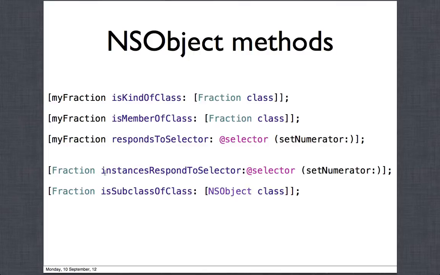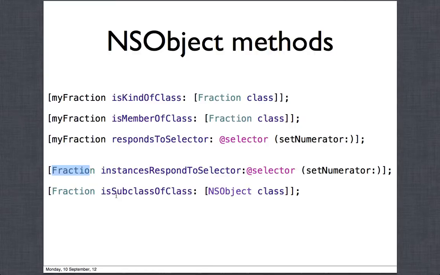We also have two class methods. If you don't have an object, but you have a class, you can check the same. You can check if instances of this class respond to a selector. So if you didn't create a fraction yet, and all you have is a class, you can still check if they can respond to different selectors.